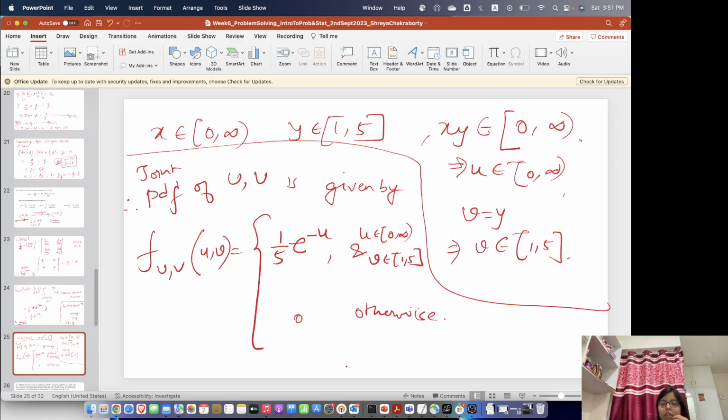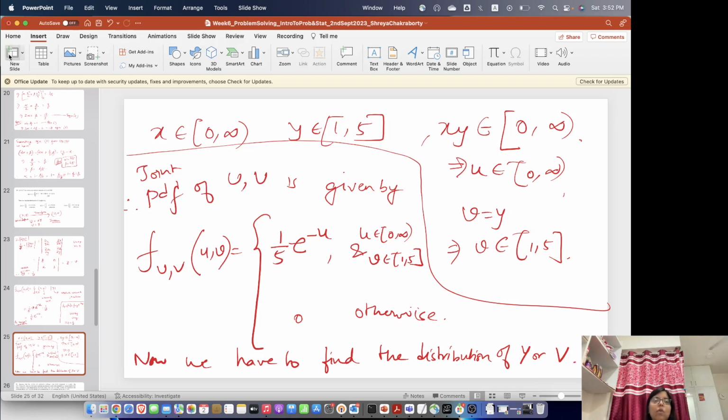So now we have the joint PDF of u and v. Now we have to find the distribution of y, or we can write it as v because v is essentially y.